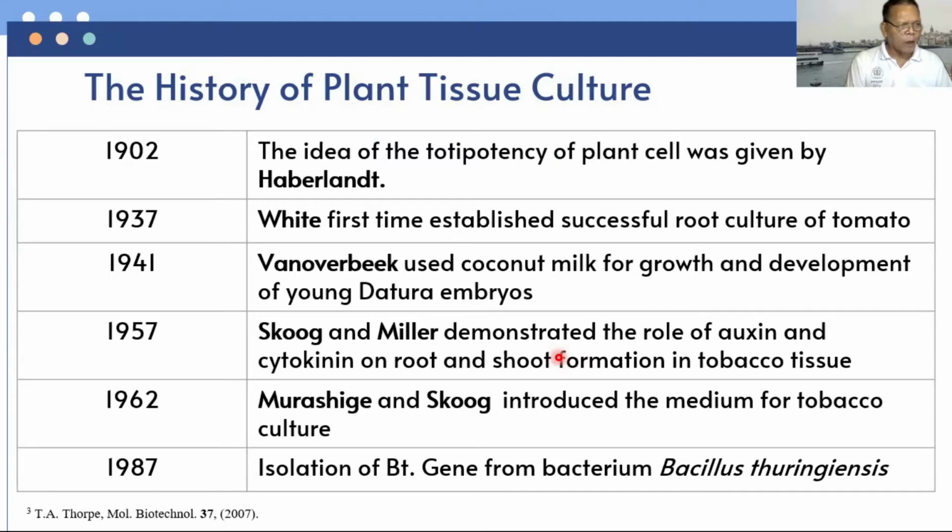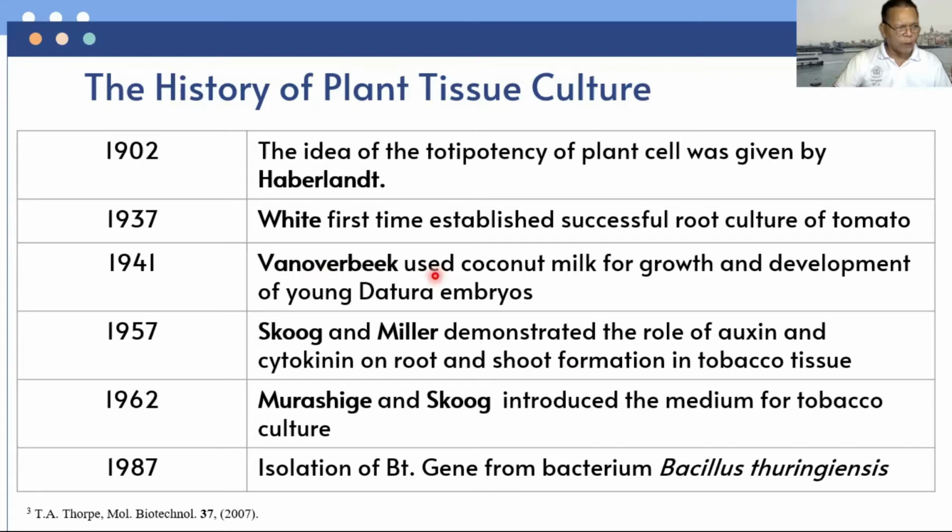1937, White first established successful root culture of tomato. Then in 1941, Van Overbeek used coconut milk for growth and development of young Datura embryo.